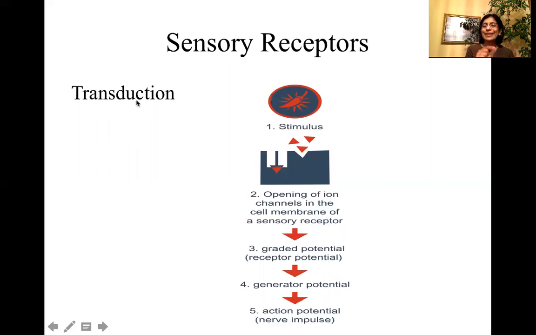Transduction is the characteristic of a sensory receptor that detects a change and then converts it into an action potential, whether it be a chemical change or photoenergy or a mechanical stress, temperature change, or pain, touch, pressure, olfaction, taste sensation.